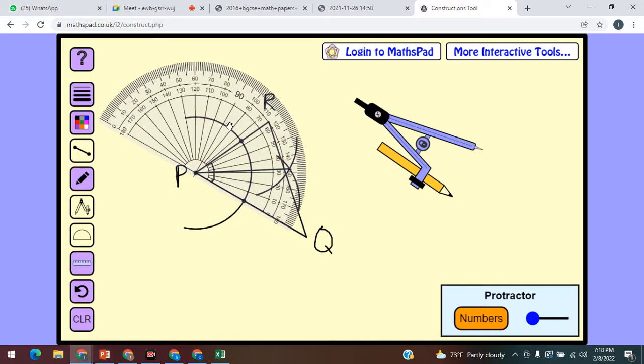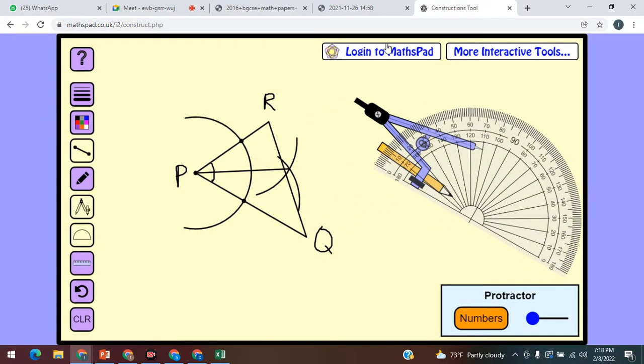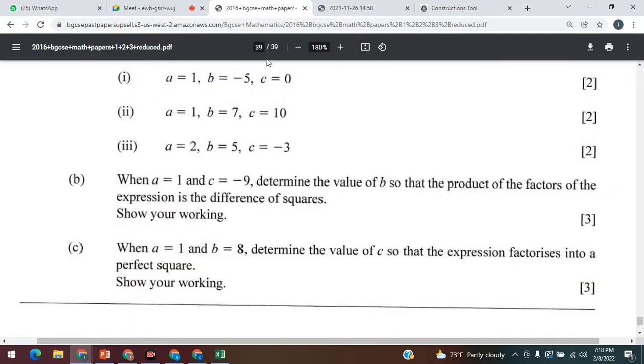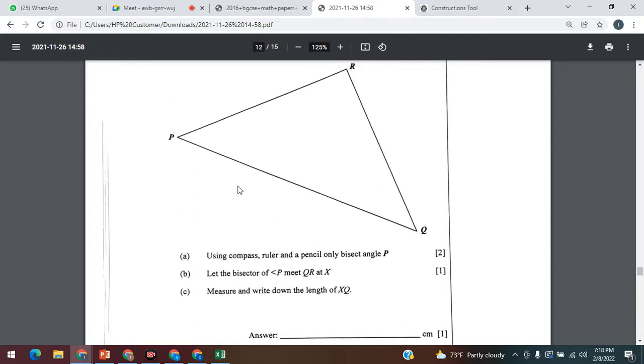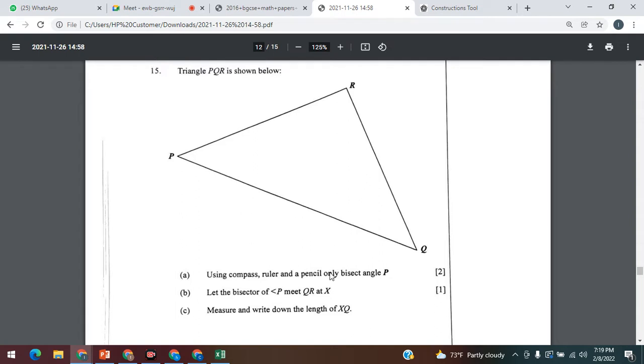Okay, so the next thing that they tell us to do, after we already use a compass to bisect the angle P, is let the bisector of P meet QR at X. Where's QR? It's on top.